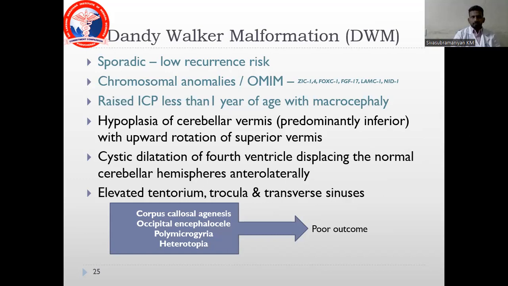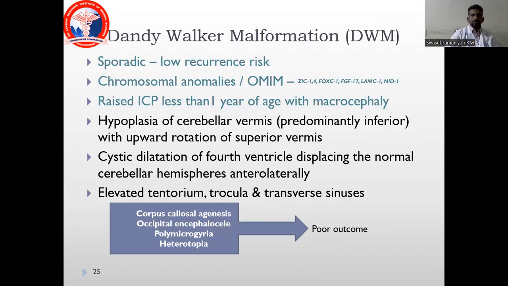Coming on to Dandy-Walker malformation. It is also called DWM. It is sporadic with a low risk of recurrence, and rarely it can have chromosomal anomalies that are associated. It clinically presents with raised intracranial tension less than 1 year of age with macrocephaly.